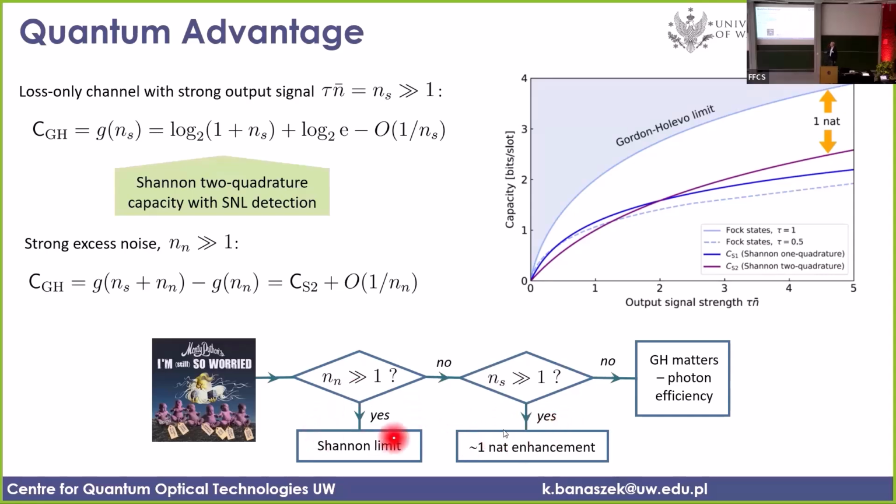If it is, then we can, in principle, have 1 NAT of enhancement, 1 NAT per channel use, but don't ask me how to get there practically, okay? I'm withdrawing from this. But if we have very, very weak background excess noise in our channel, and we are dealing with very, very weak signals, then things may become interesting, okay?